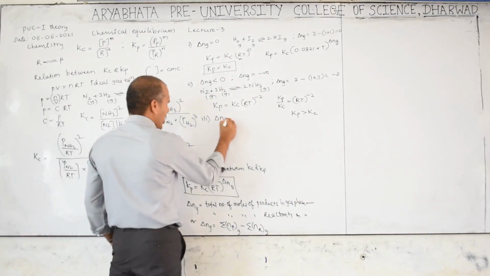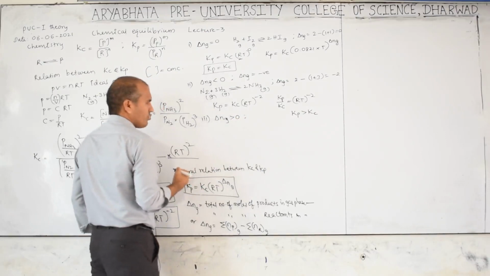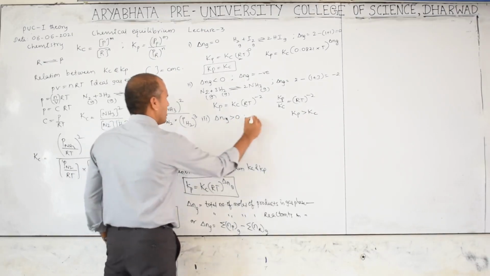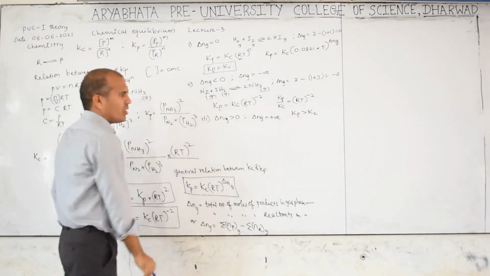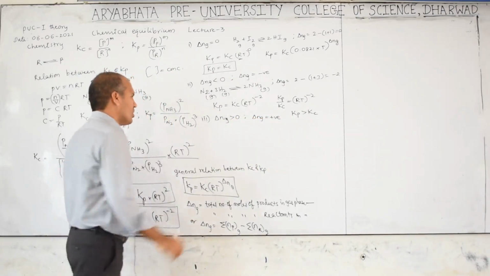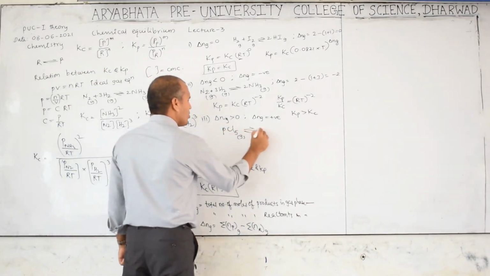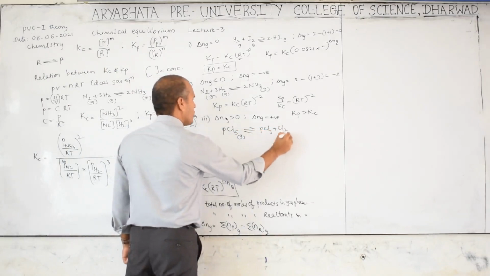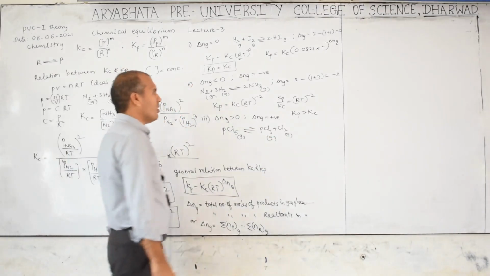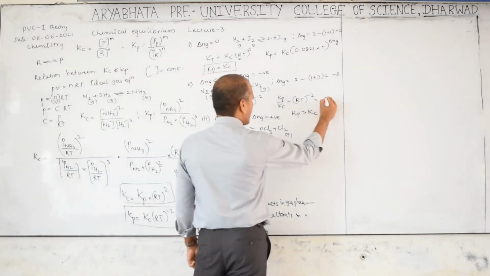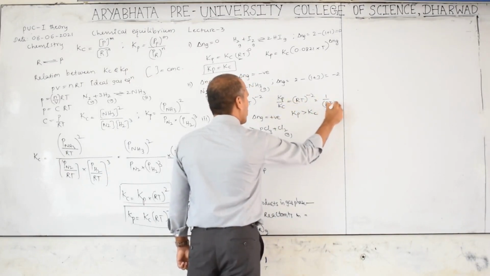Now case 3: delta Ng is greater than 0, that is, delta Ng is positive. We can write one more equation: PCl5, that is gas, gives PCl3 plus Cl2. This is also gas, this is also gas. Otherwise this can be represented like this also: Kp by Kc equal to 1 by RT whole square.